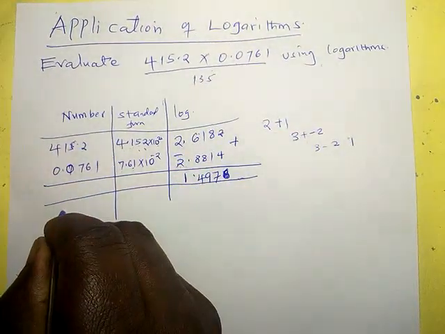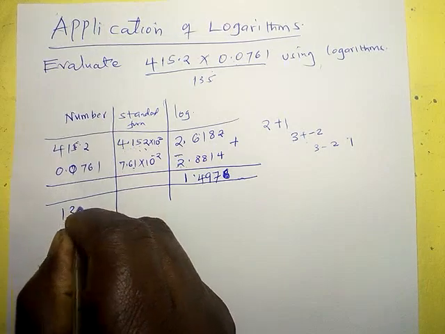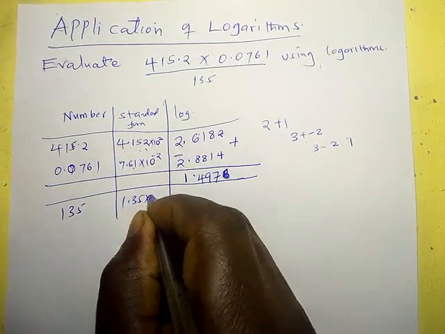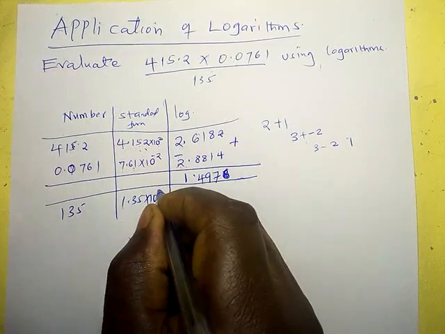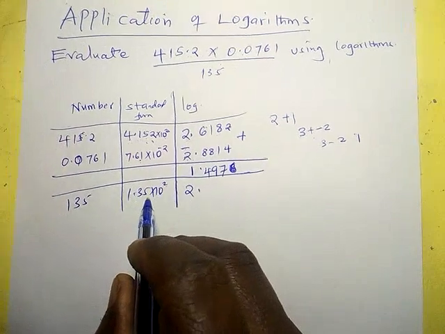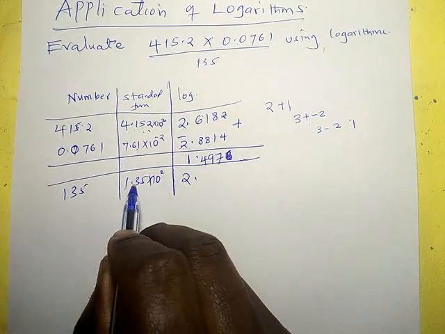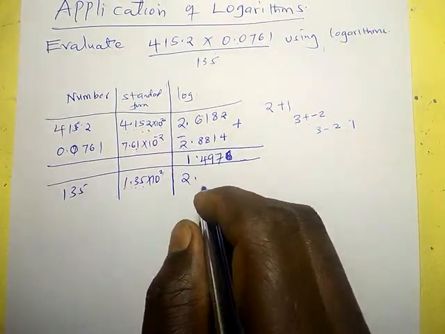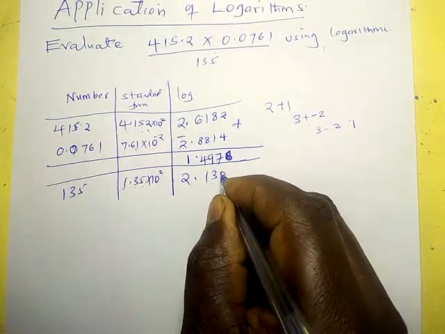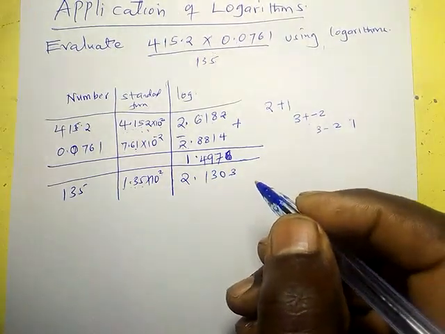The denominator is now the number 135. Write the number in standard form, 1.35 times 10 raised to power 2. So our characteristic here is 2. Find the mantissa or the logarithm of 1.35, which will give us the mantissa. And that one is 1303, right?